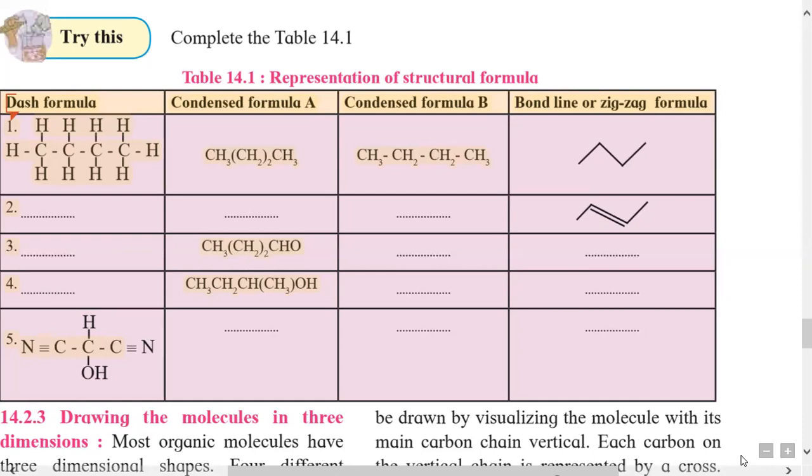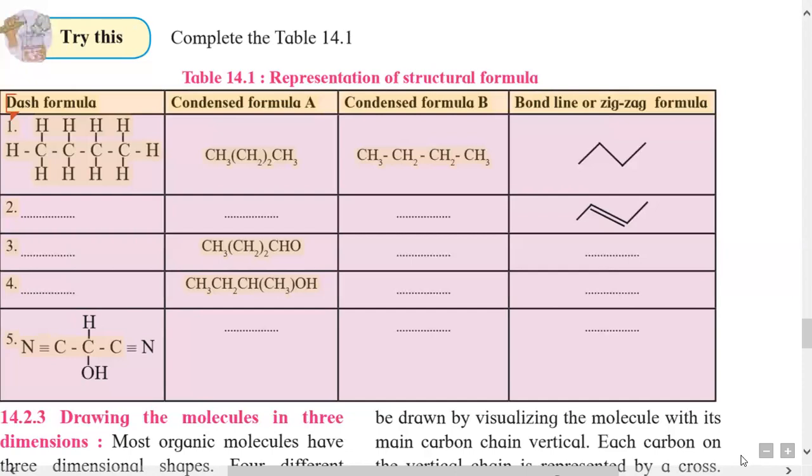Again, I will read this: CH3, single bond, CH, double bond, CH, single bond, CH3. And this is the condensed formula. If you write carbon and hydrogen in this manner, that is CH3, single bond, CH, double bond, CH, single bond, CH3, this is the condensed formula from this bond line formula.